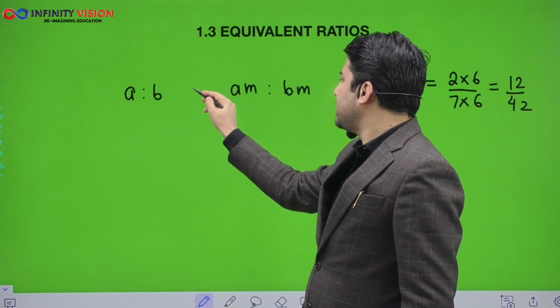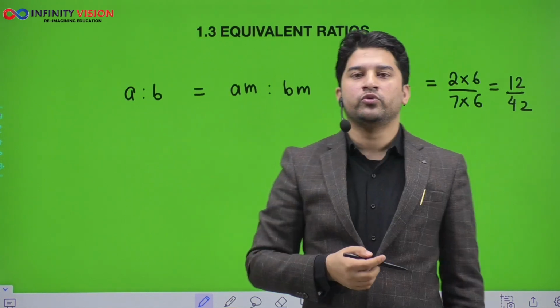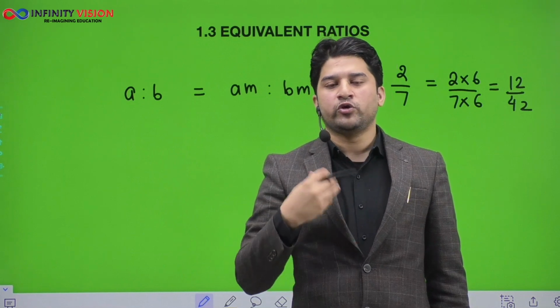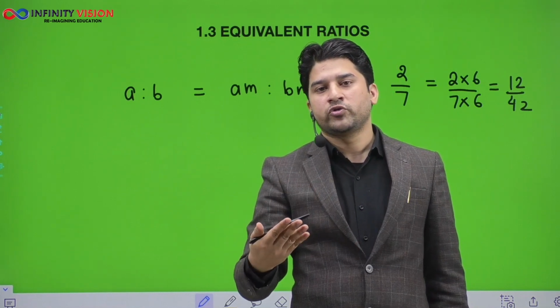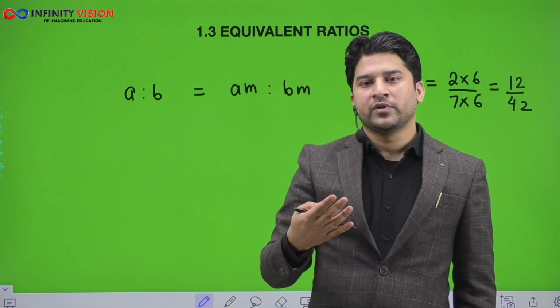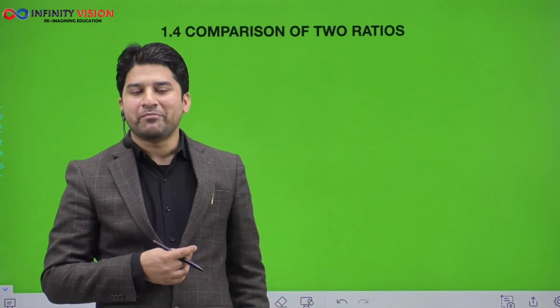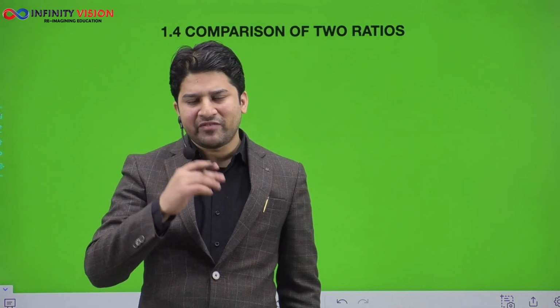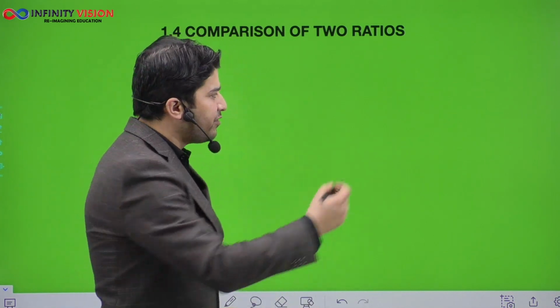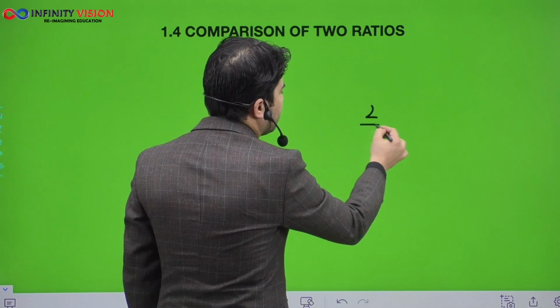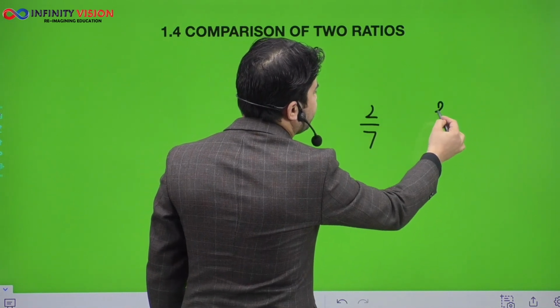So I can say A is to B is equal to AM is to BM. So when you multiply antecedent and consequent with the same number, you get a ratio which is equivalent to the original ratio. How do you compare two ratios? In the same way we compare two fractions. Let's say you have fraction 2 by 7 and another fraction 3 by 8.